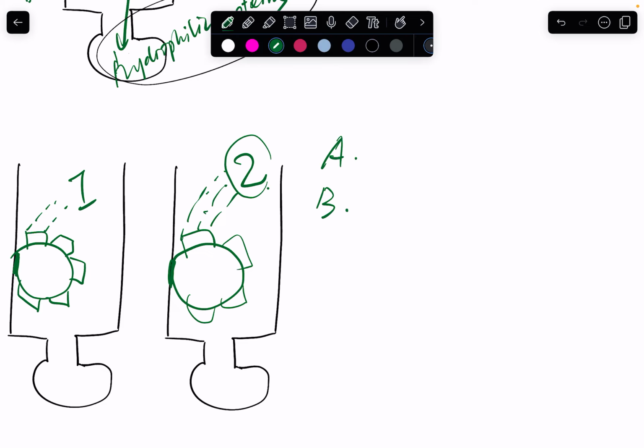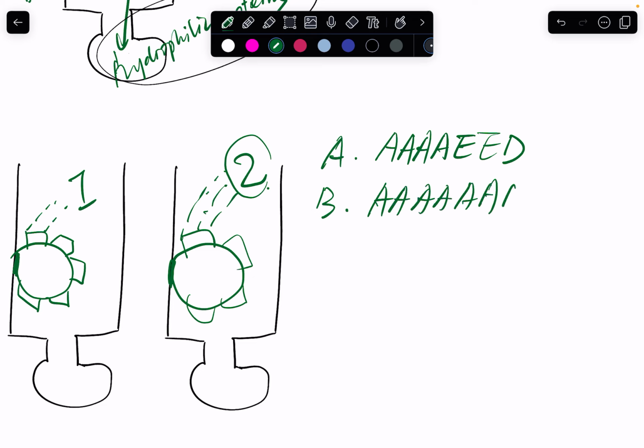Okay, so protein 2 is A or B, okay? Pick one. So let's say answer choice A is like A, E, D, okay? And then my answer choice B is like A, D, okay? So which one is protein 2, A or B, right? You want to pick B. Answer B is your answer. Because, as you can see, protein 2 is more strongly binding to this hydrophobic coating.